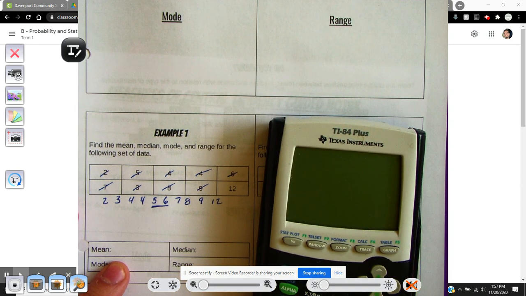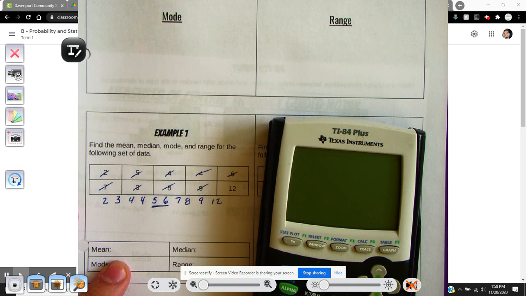On your Chromebook, you can have your graphing calculator up. If you don't remember where that is, please refer back to the checklist video, where you can hit the circle in the bottom left of your Chromebook. And then if you bring up the full menu, hit the second dot, and then the picture of your graphing calculator should be there.